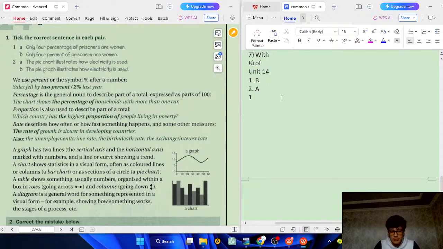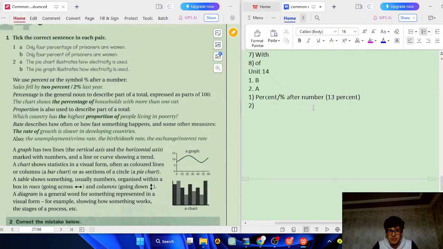Okay. Rule number one. Percent after numbers, right? For example, 123 percent. Have you heard of that? No, it's not possible.